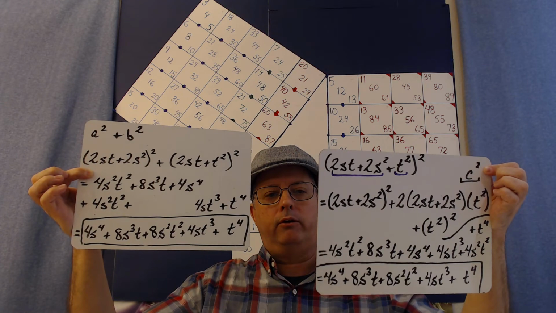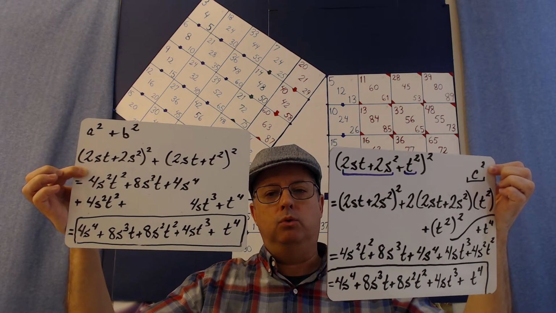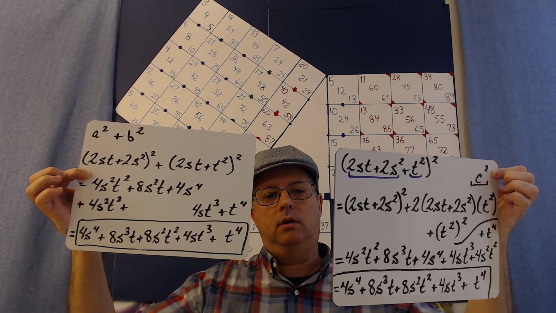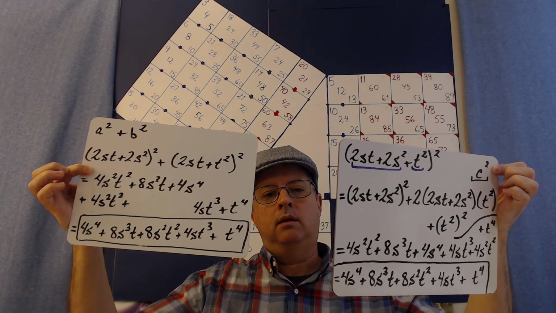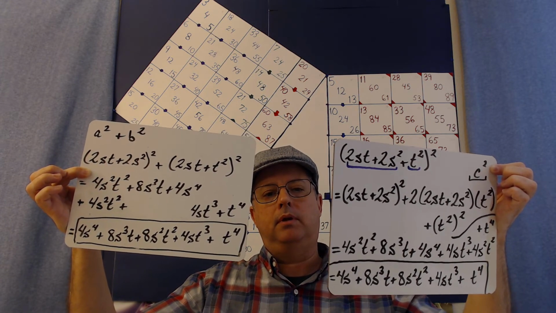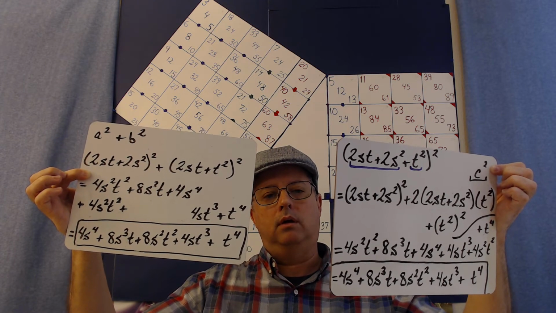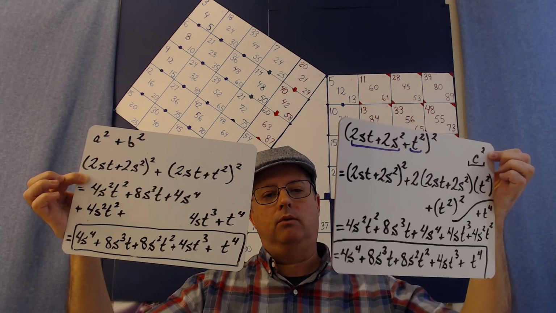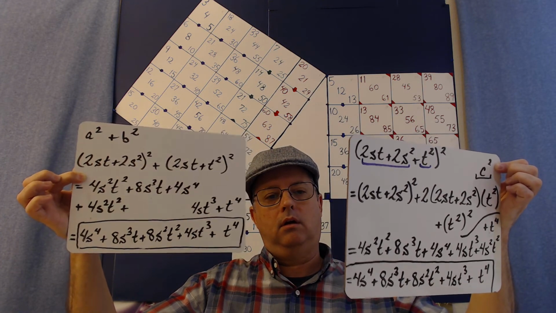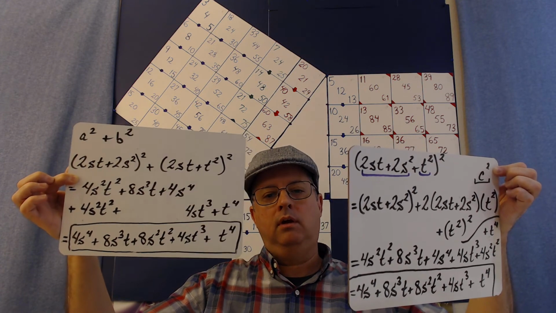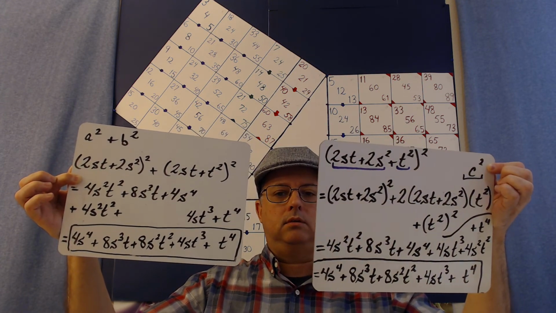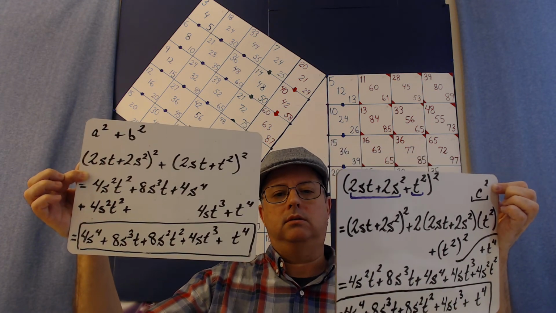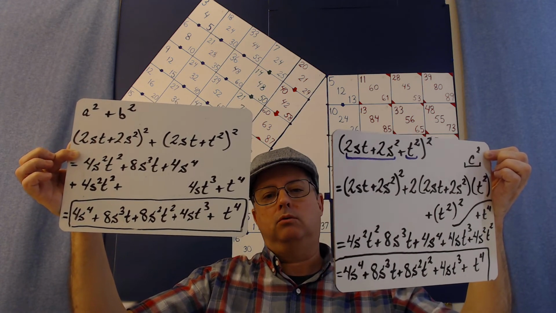to the Pythagorean theorem, that a squared plus b squared equals c squared if we take a as 2st plus 2s squared and square that, and then take b as 2st plus t squared and square that, and then when we add them together, we get this expression here on this slide that's kind of wavy, and now that gives us our c squared, and you can see that the c squared is the same as the a squared plus b squared.